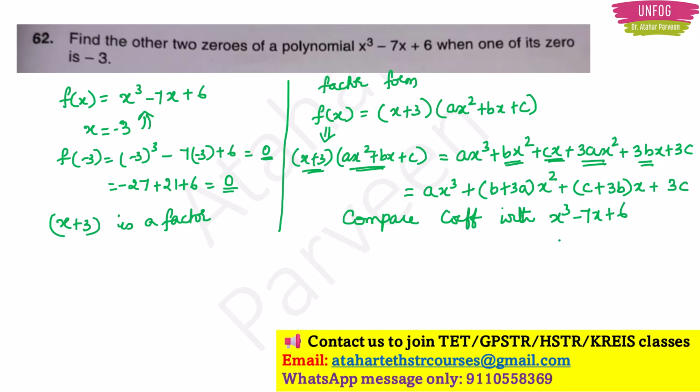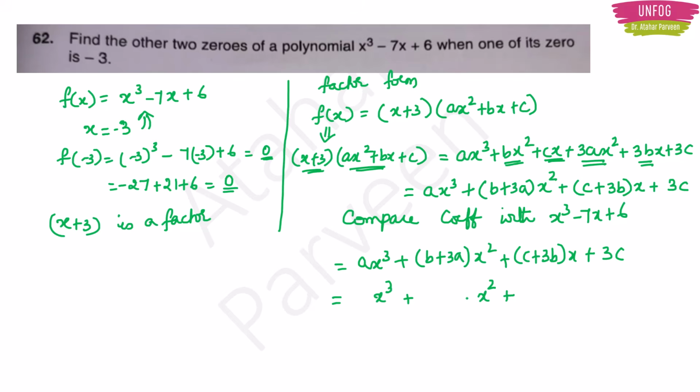So I will write it like this: a x cube plus (b plus 3a) x square plus (c plus 3b) x plus c should be equal to x cube plus, again x square, but that x square is not there in the question, so I will put 0. Again x: here in the question I have minus 7x, so I will write minus 7x here. Plus, in place of the constant I have 6.